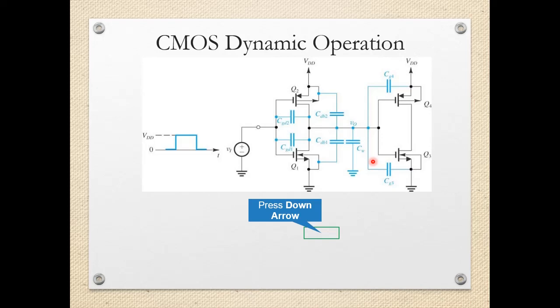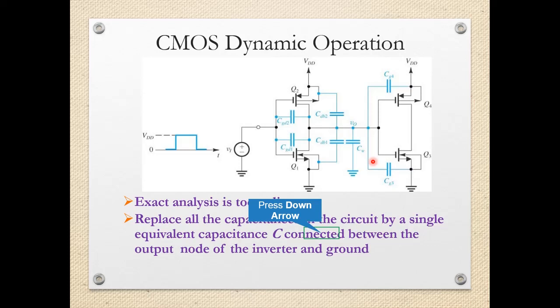Then about the dynamic operation of CMOS. In this, the exact analysis of the circuit is difficult. Replace all the capacitances in the circuit by a single equivalent capacitance C connected between the output node of the inverter and the ground, and analyze the capacitively loaded inverter to determine the propagation delay.